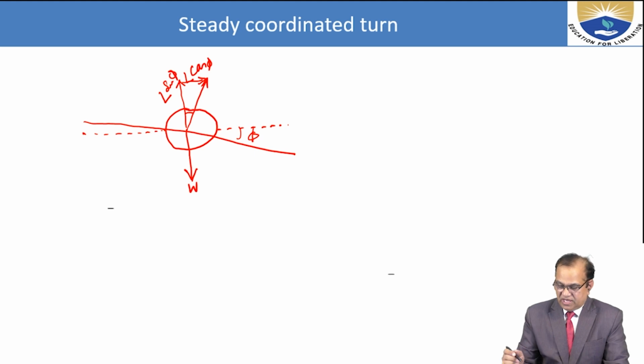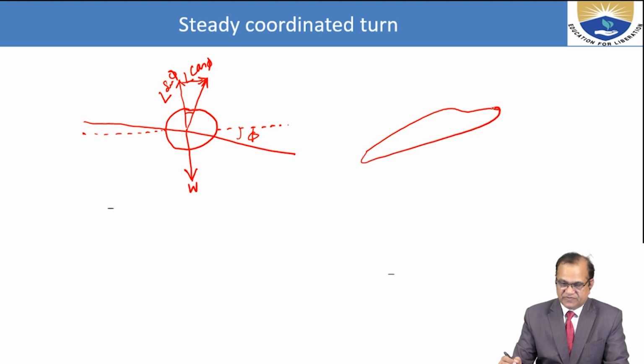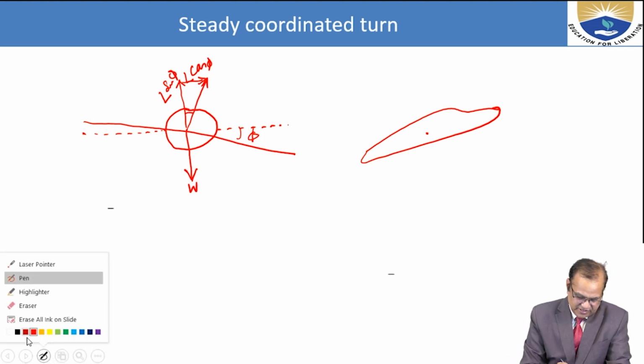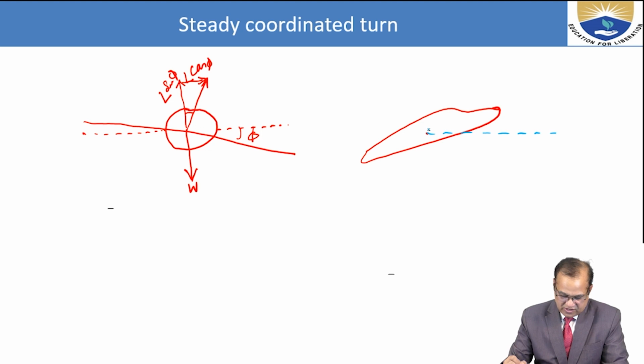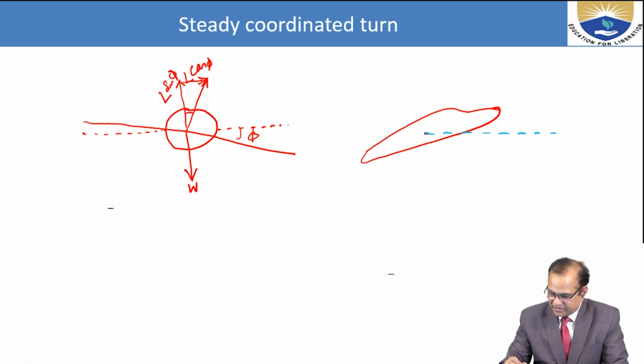If I draw the aircraft here, this is the horizontal line, and this is the vertical.